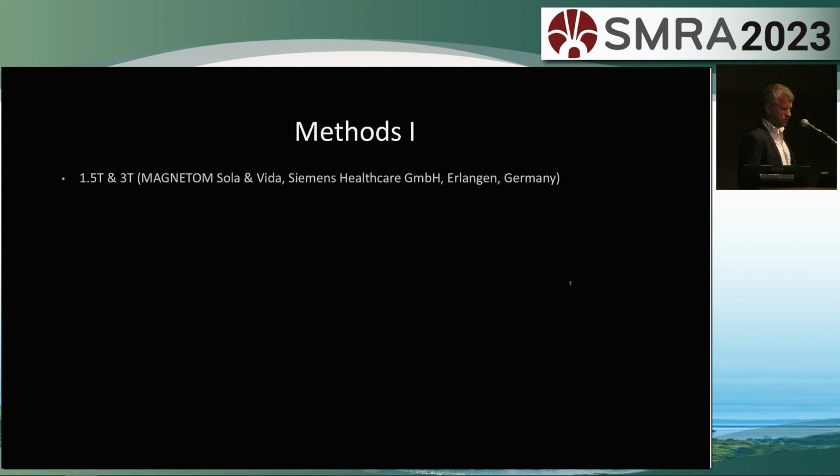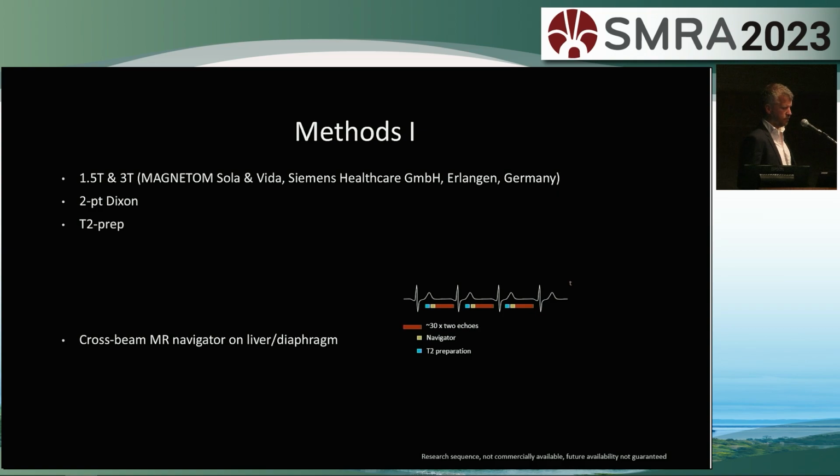The sequence was tested on 1.5 and 3 Tesla and consists of typical ingredients we have known for a very long time, including a 2-point Dixon approach, a T2 prep, and in this case a crossbeam diaphragmatic navigator, one very large field of view, and a high resolution of 1 millimeter isotropic.